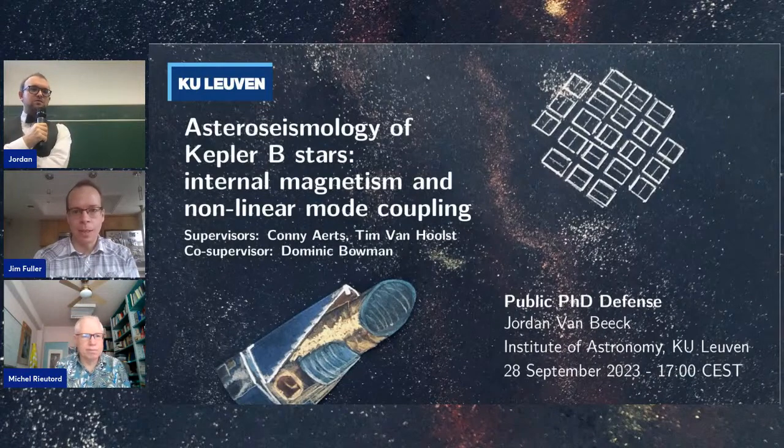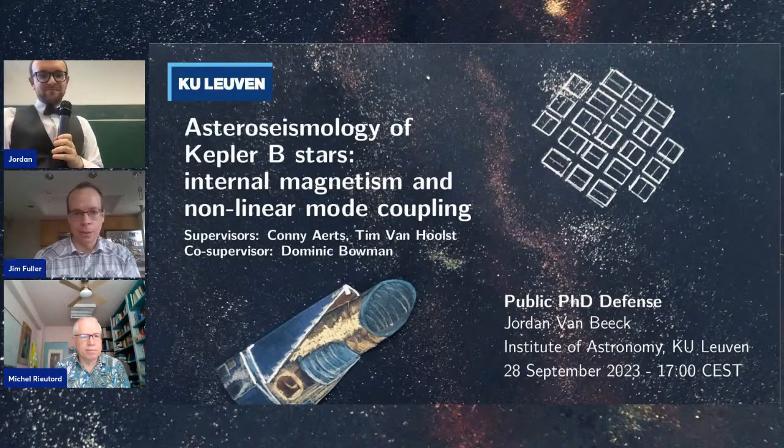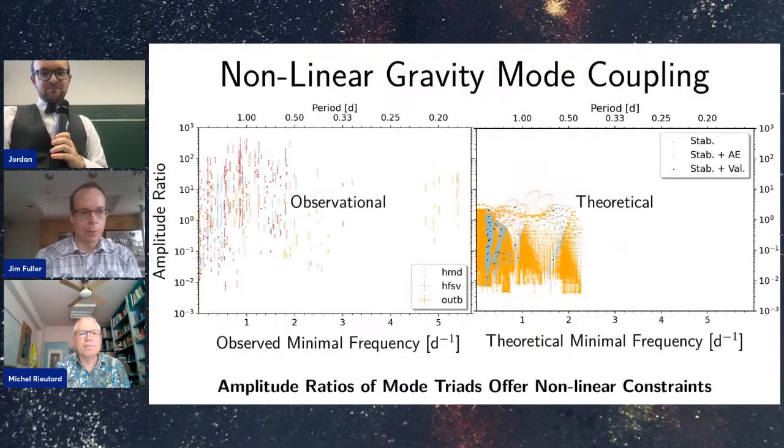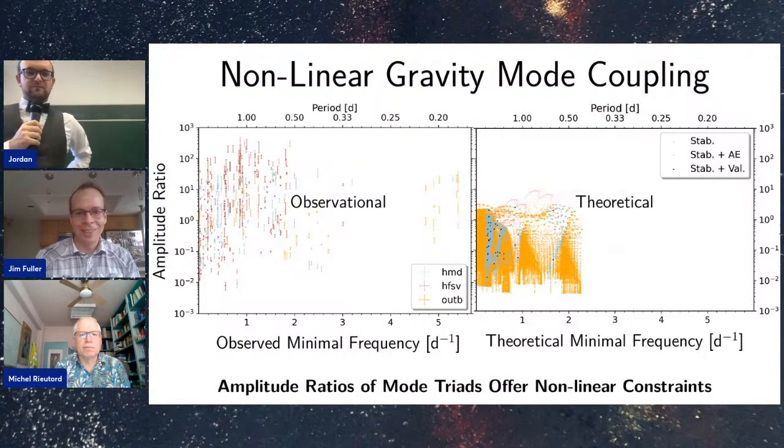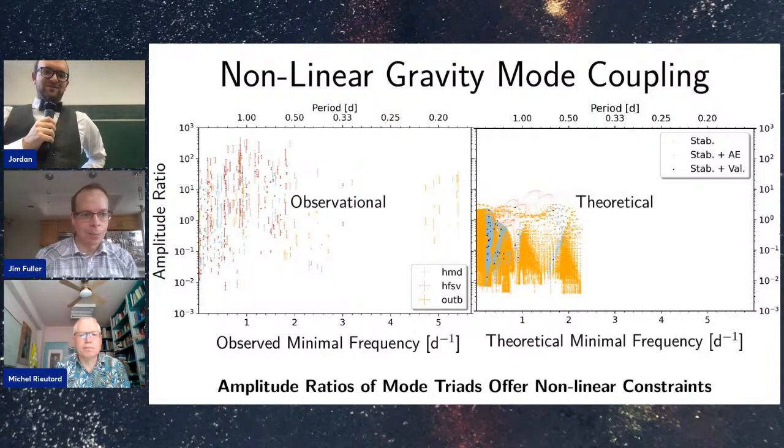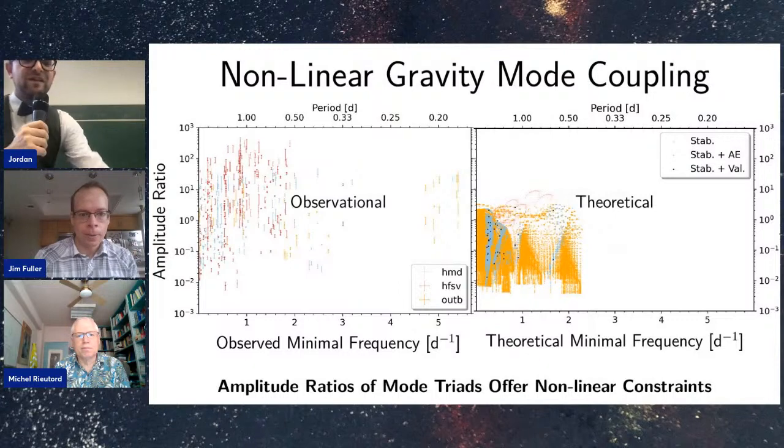Okay, so one last question. You showed the plots of your computed daughter mode amplitudes compared to parent mode amplitudes, and you also compared it with the observed. This plot has changed since the last version we saw. Can you explain what changed?